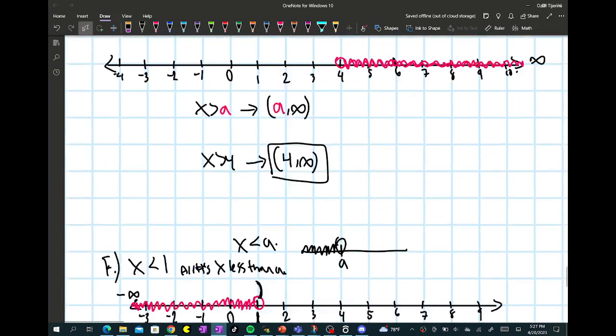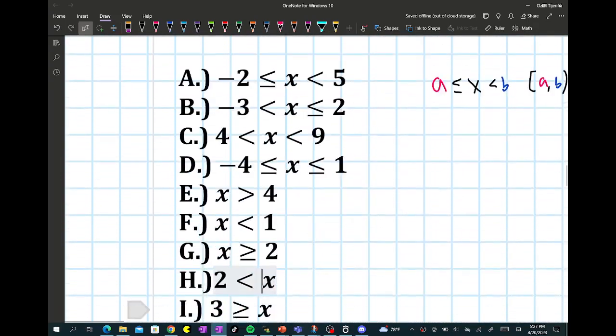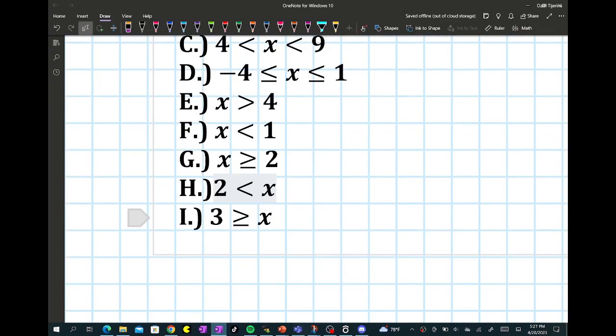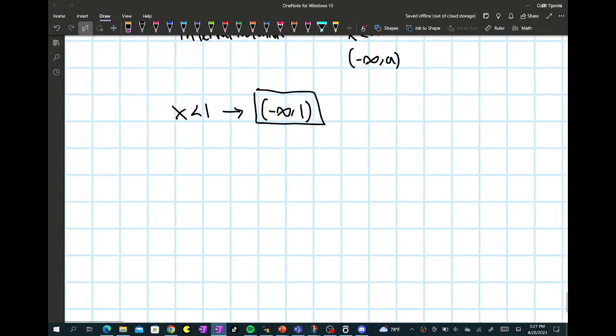Okay, yeah. So the next part G says x greater than or equal to 2, right? So we're just going to go ahead and write it down. X greater than or equal to 2.